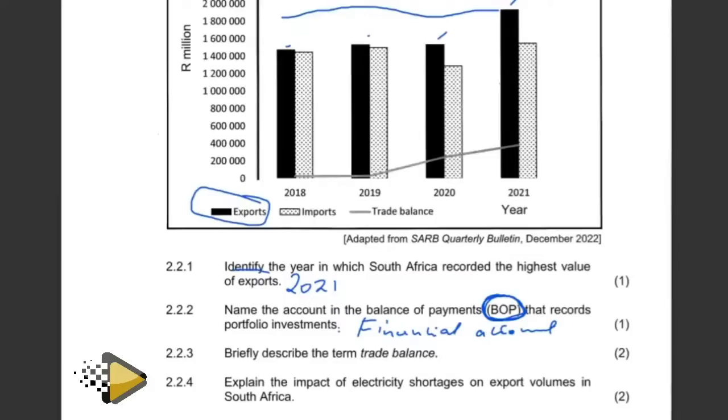So we simply mean that in this regard, we refer to the value of the exported goods plus gold exports, less the value of the imported goods.